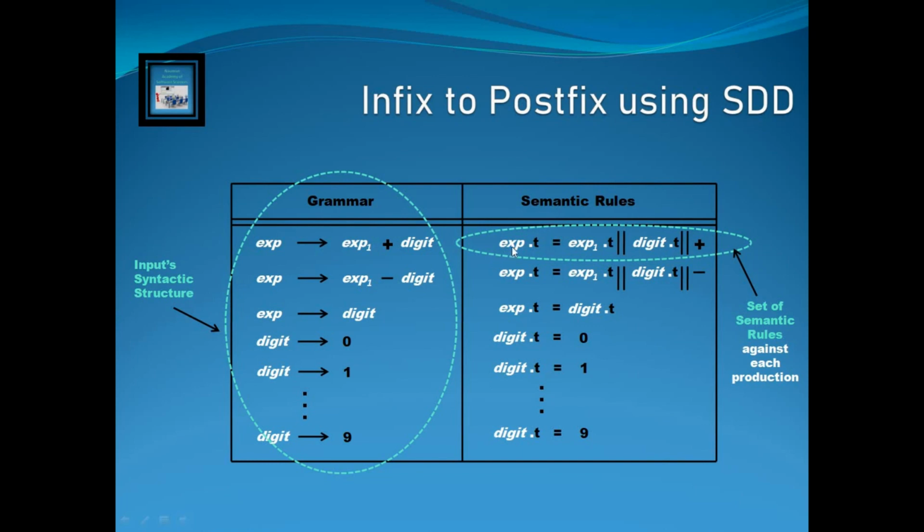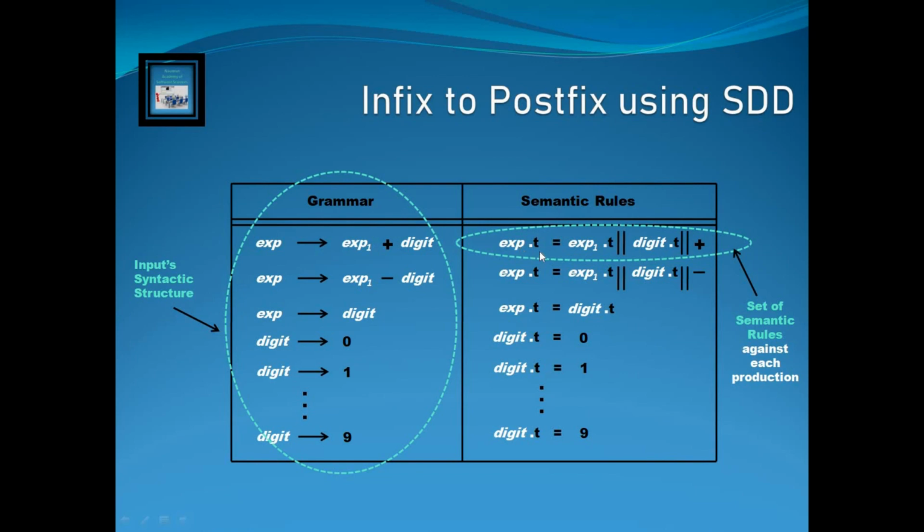It's saying the postfix form of this main expression. Here it is written exp.t. Here t, which is actually a small letter, is showing the attribute for translation, and by translation we mean the postfix form. So t is representing the postfix form.